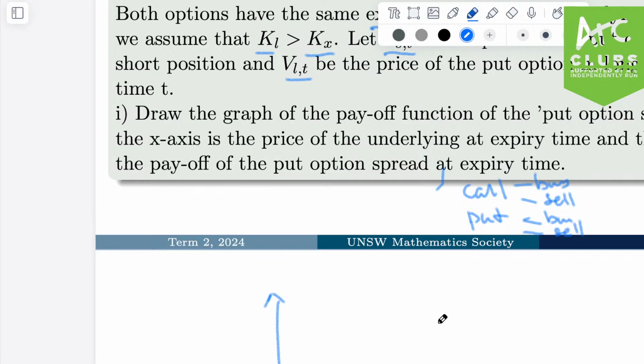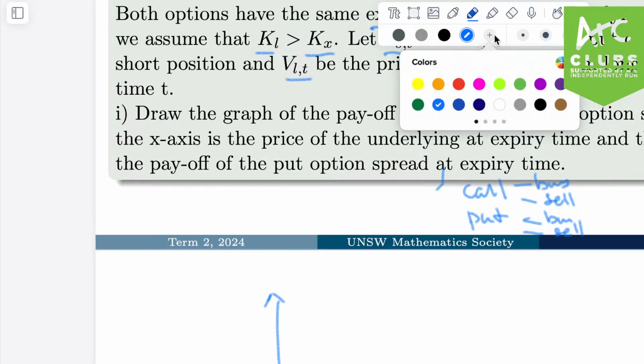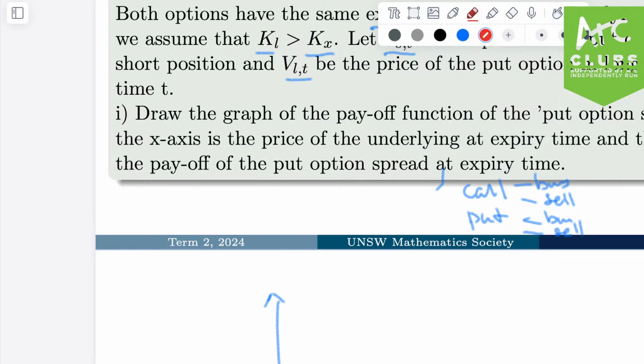And an important value on the x-axis will be K. So let's do our short position first. Let's not look at our payoff first, let's just look at the put option value.